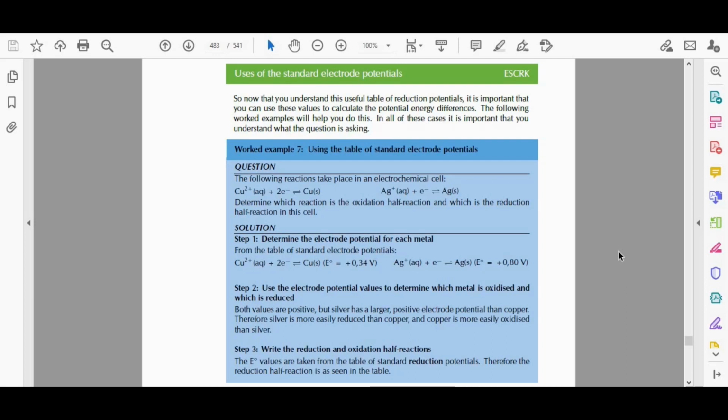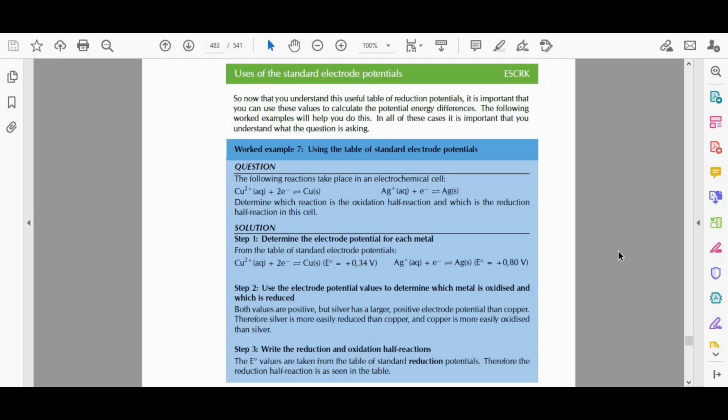An interesting thing to note here: they are both positive, and we've just learned that a more positive electrode potential indicates the substance will most likely be reduced.